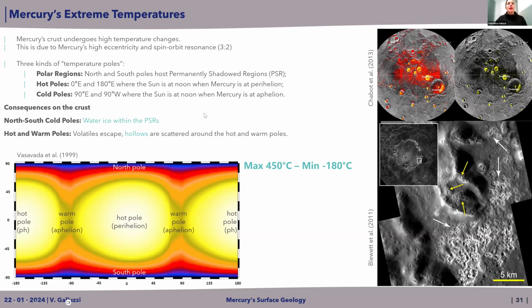To speak about this, we have to say that Mercury has a very high temperature contrast around its surface, because it's so close to the sun.